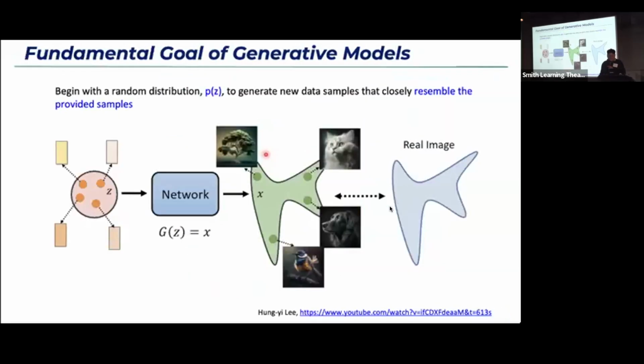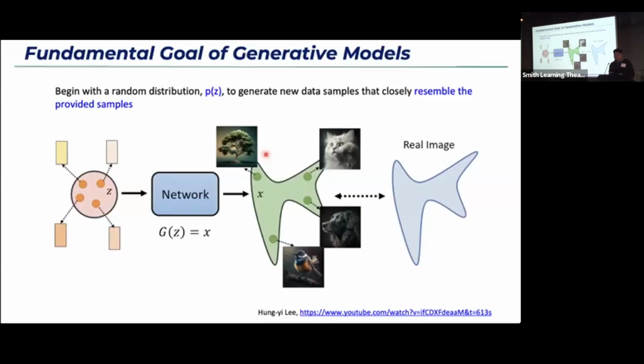Okay, now to really understand these models, let's have a look at the core mission here. So we have the latent space here, right? We start from a simple random distribution PZ here. We then feed the noise through a neural network.